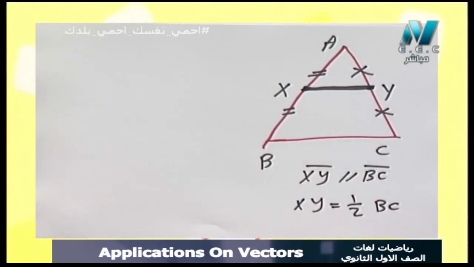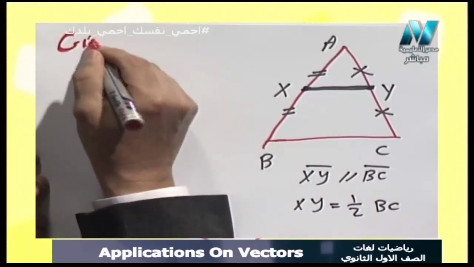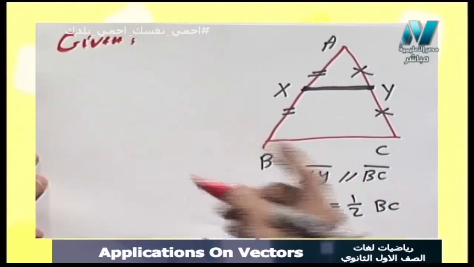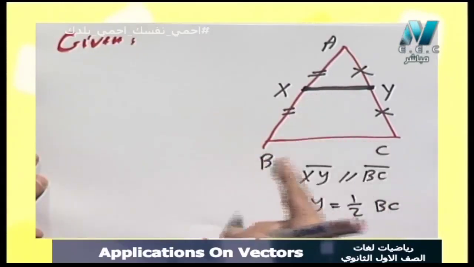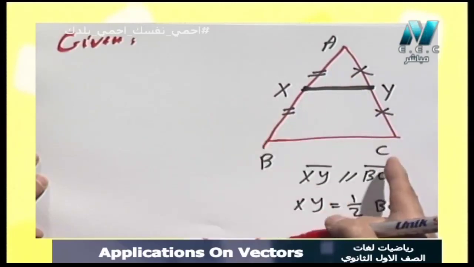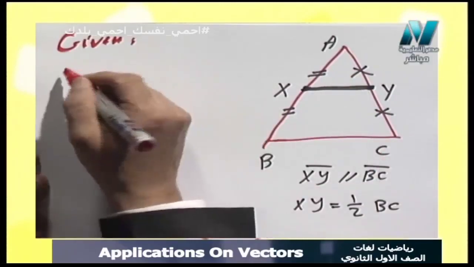But why is this? We will use the vectors. The given here is X midpoint of AB and Y is midpoint of AC.